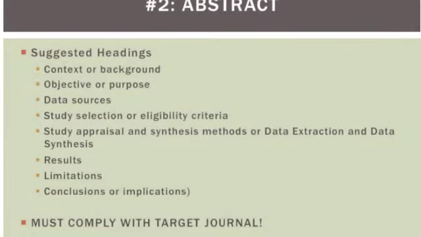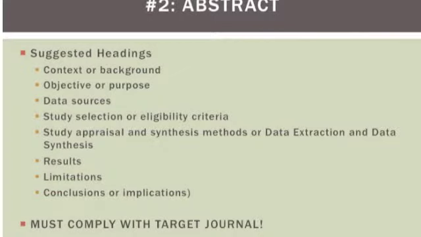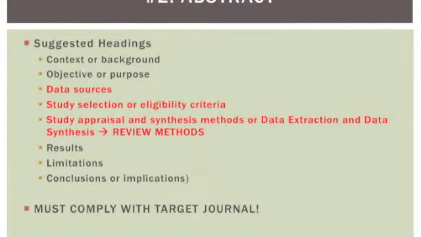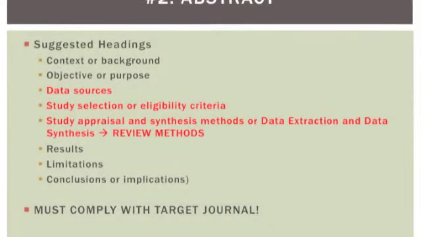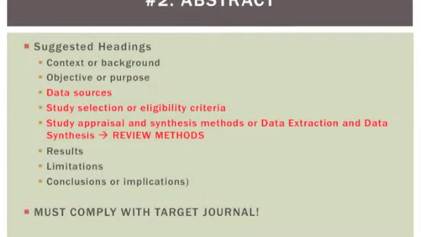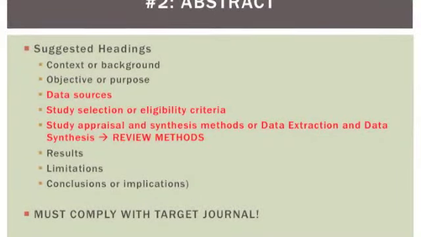But do keep in mind that it must comply with your target journal. For example, data sources, study selection or eligibility criteria, and study appraisal and synthesis methods, or data extraction and data synthesis, may all go under the heading review methods.